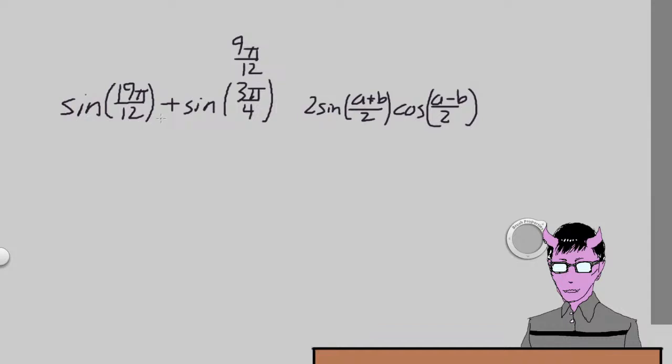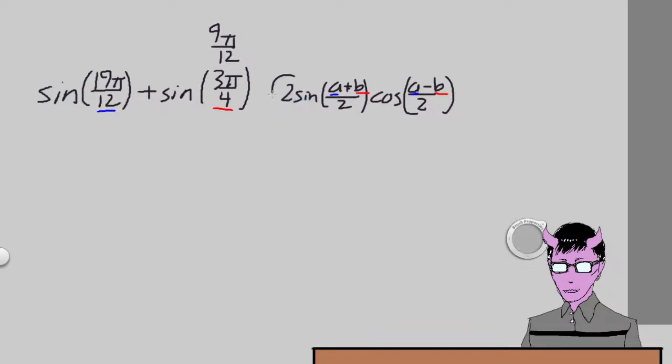Alright. Just to color code this shenanigan, that's going to be A, and that one's going to be B. So copy the 2 from the algorithm. Sine first. Sine of what? A plus B. So this one already matches this one because we know we did it a little earlier.